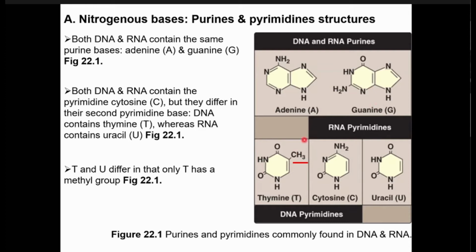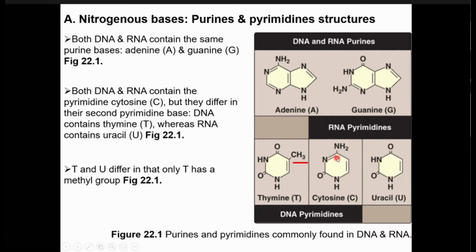However, the difference between the DNA and RNA is the uracil. Uracil is only found in RNA, not DNA. So this is the only difference between the DNA and RNA as far as the base is concerned.